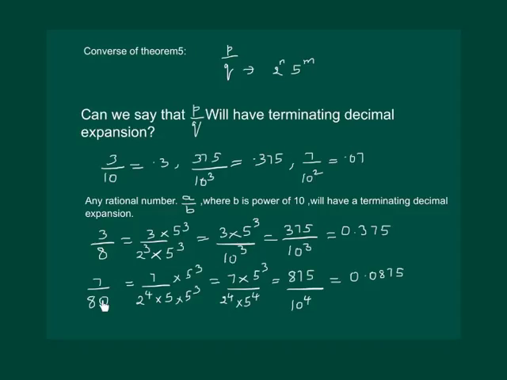These examples show us that we can convert p by q, where q is of the form 2 power n 5 power m, to an equivalent rational number of the form a by b, where b is a power of 10. Therefore, the decimal expansion of such a rational number will terminate.